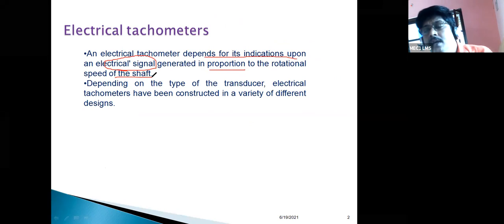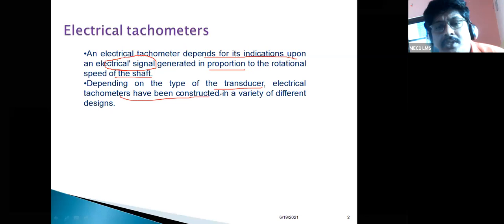It means the rotational speed of the shaft is proportional to the generated electrical signal, depending upon the type of transducer. Electrical tachometers have been constructed in a variety of different designs. There are many, but here we are discussing only two types of electrical tachometers.